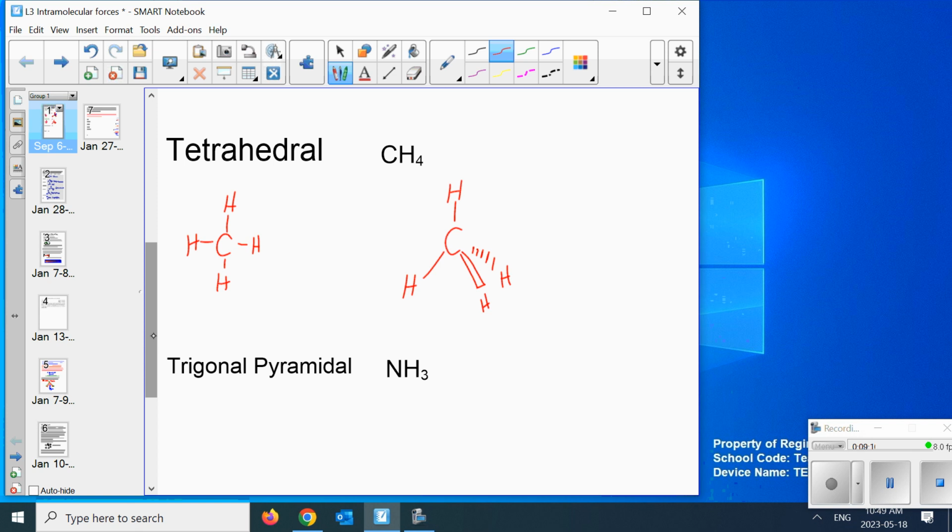Tetrahedron. These are the corners of that four-sided die, and you have a flat side here. That's what the shape is. It's not a shape name that you learn in grade 3, so it's not so common.